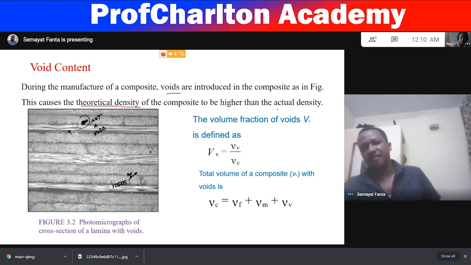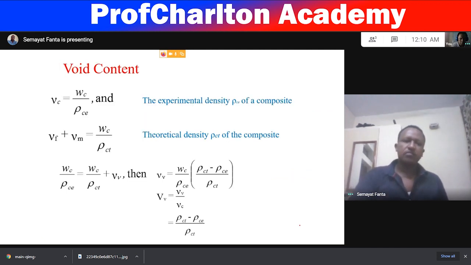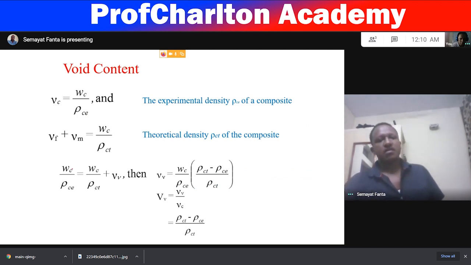So the void volume fraction is given as the volume of void divided by the volume of composite. The total composite volume is the sum of the volume of fiber plus the volume of matrix plus the volume of void. So the volume of composite is the weight of composite over its density. Here E implies experimental, and T implies theoretical.